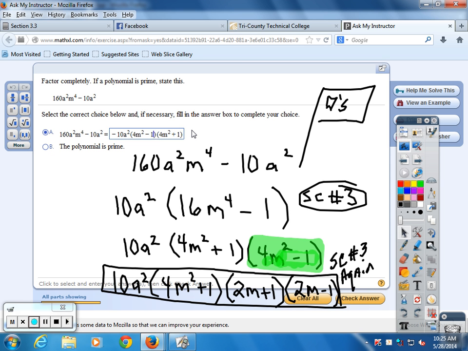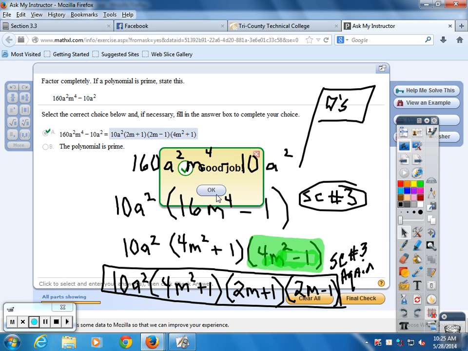Well, I guess I can go here and go 2m plus 1 and 2m minus 1. And check answer is probably wanting it in, because it's negative 10. Negative on the 10. There we go. We got it right. Another miracle.